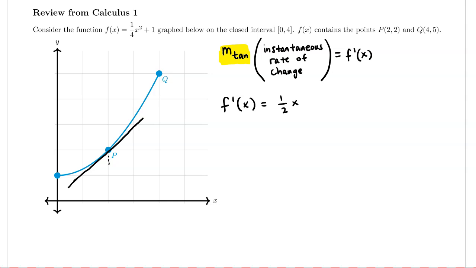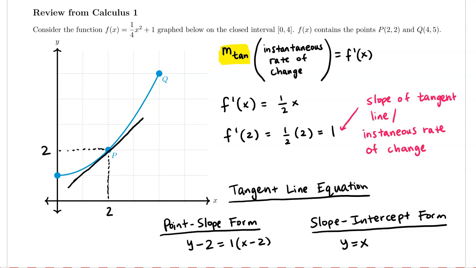Because I know in this particular example, the point P has an x value of 2, that means that I can evaluate my derivative at x equals 2, and if I simplify this, that gives me 1. So by doing that, we found the slope of the tangent line, which is also the instantaneous rate of change.